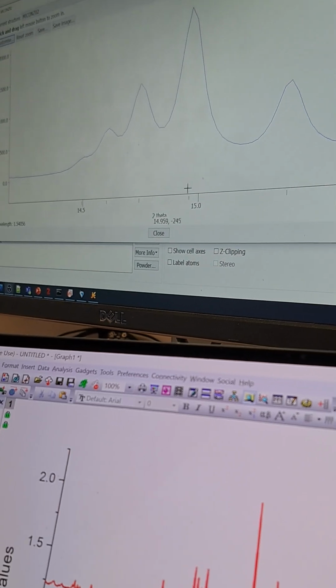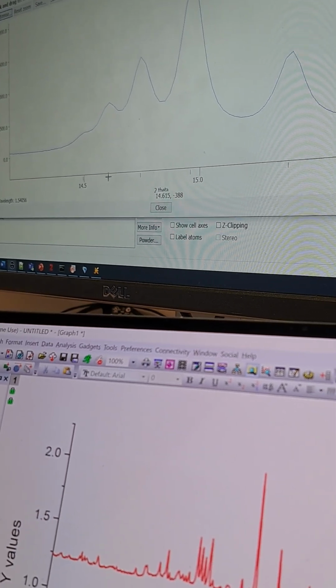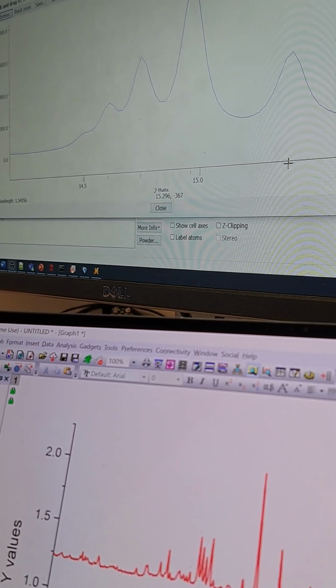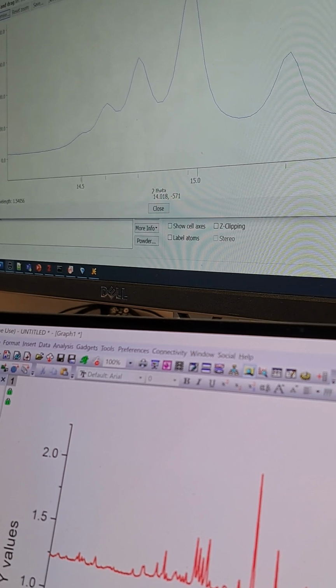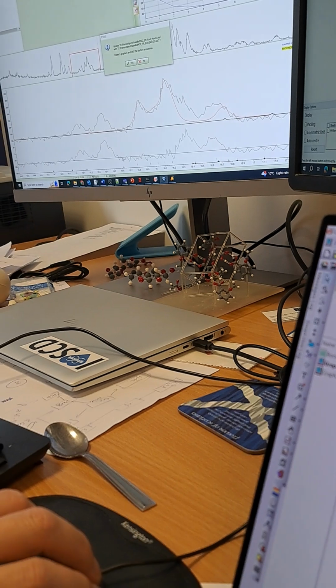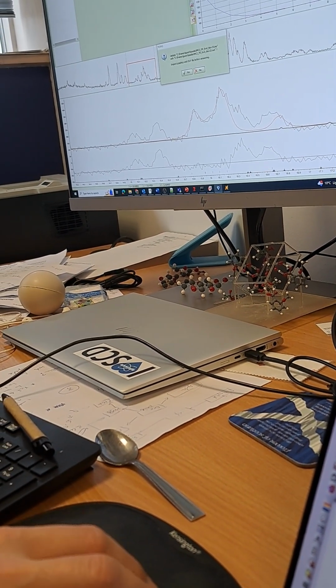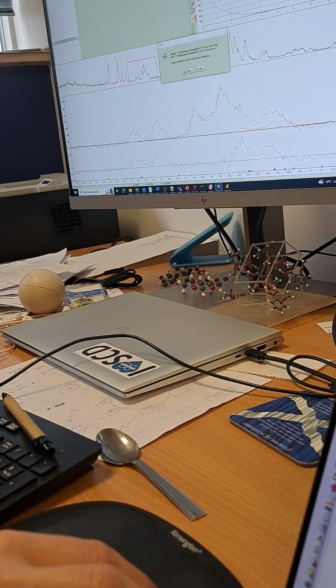The good thing is if we hover our mouse over each of these, you can see that they're all individual peaks. What we can do is focus in on this as well. So where are our peaks? We have got our 1, 4, minus 1.